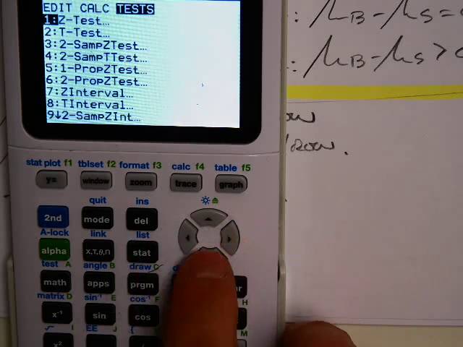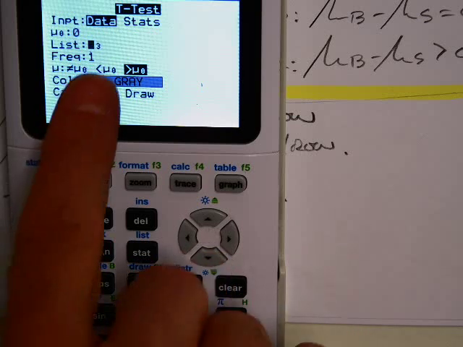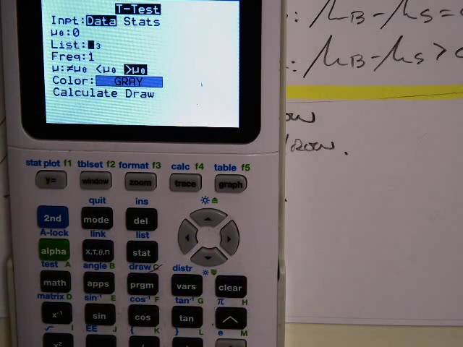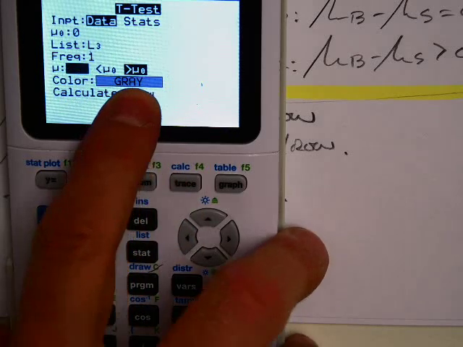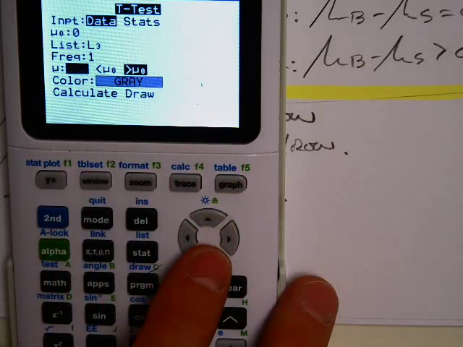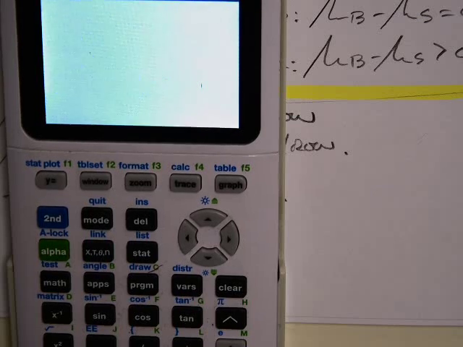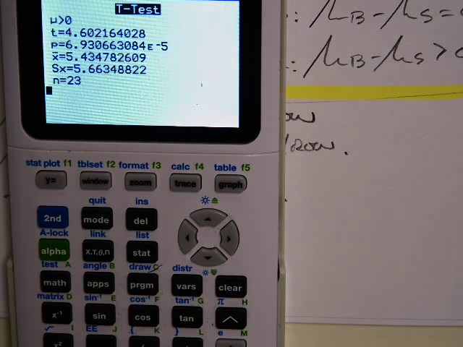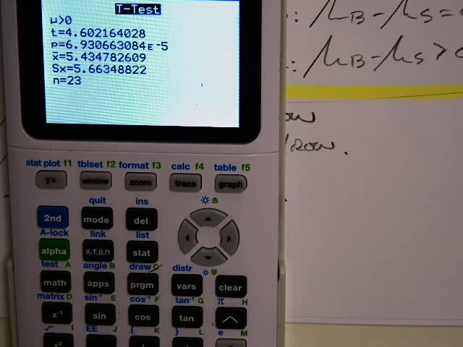So if I go to t-test and I use my L3, which is the difference that's already been calculated, and we've got that we're greater than there. Null hypothesis would be 0. Now I get a very different p-value. That p-value is quite large. Oh wait, no, quite small, right?